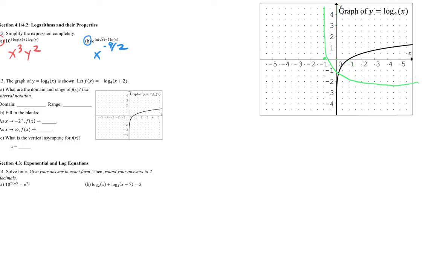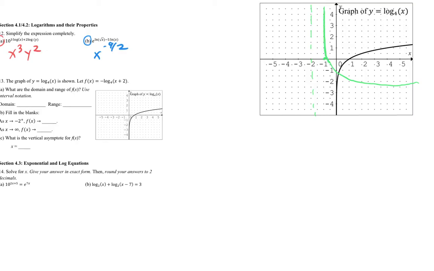Okay, so that's our new graph. This was our original vertical asymptote, and we're going to move it over 1, 2. This is our new vertical asymptote. That's just from the graph.